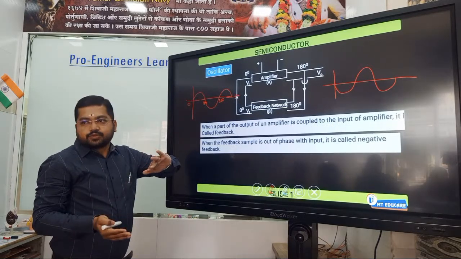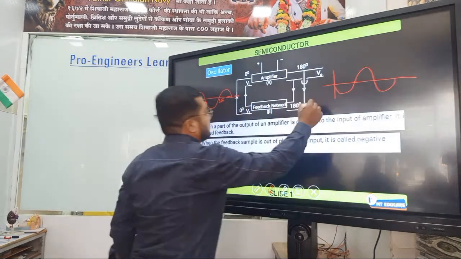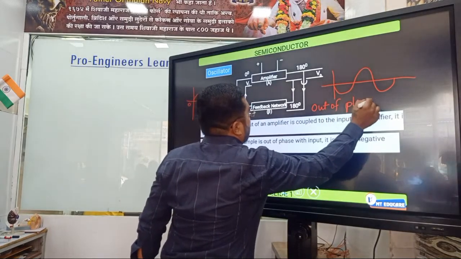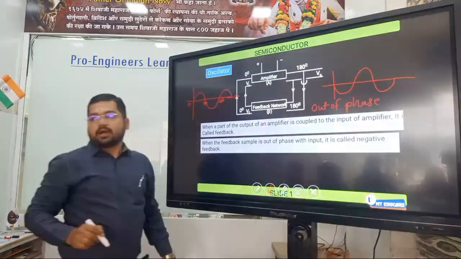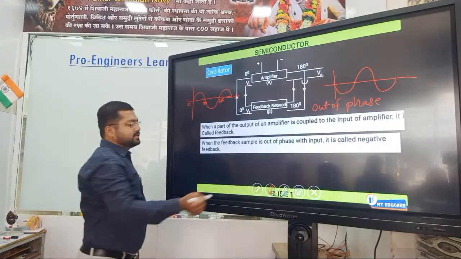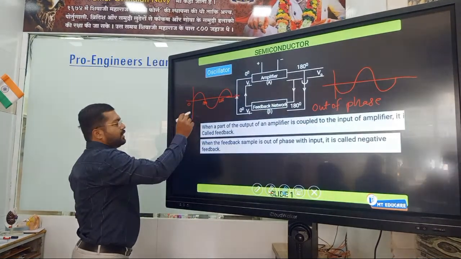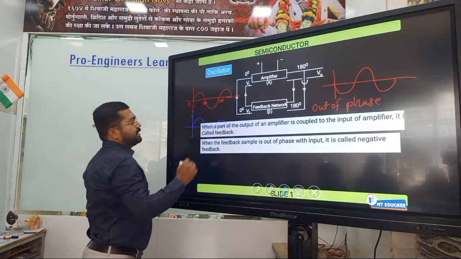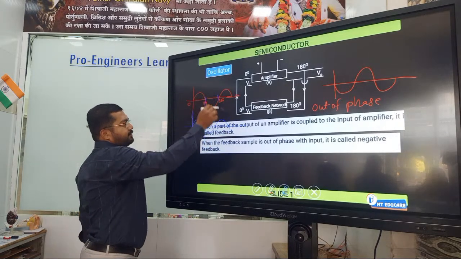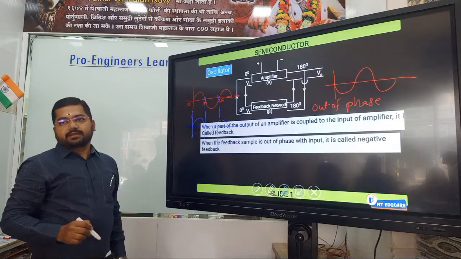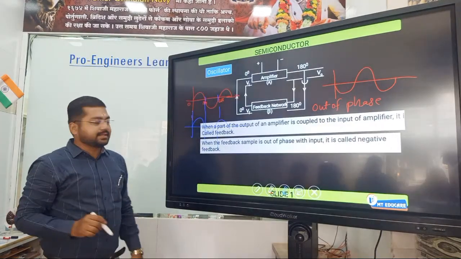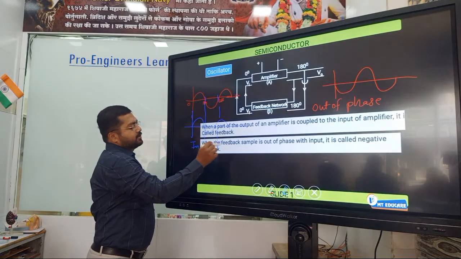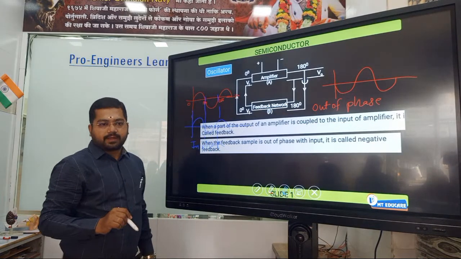So what is out of phase? And when do we say in phase? If the same frequency, same phase, if everything is matching, then it is called in phase. Otherwise that is out of phase.